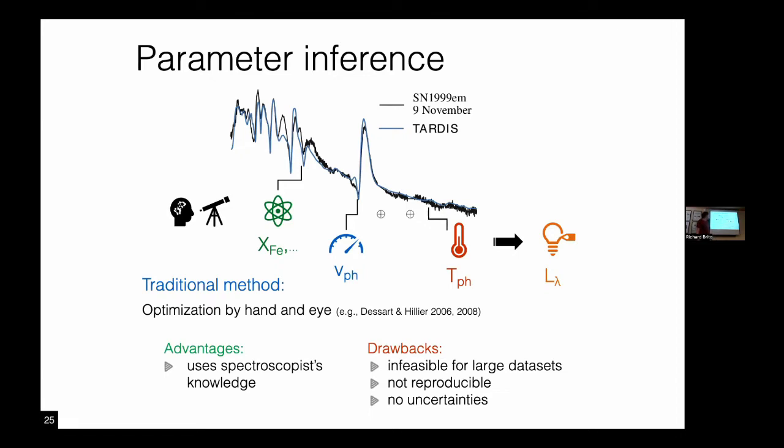And in the end it's a subjective measurement. It's not reproducible. If you put another person there, they will arrive at a slightly different solution. And you have basically no handle on uncertainties. And as we all know, when we want to measure a quantity like the Hubble constant, getting a value of whatever, 72, is nice, but without an error bar, it's worthless. Yeah?